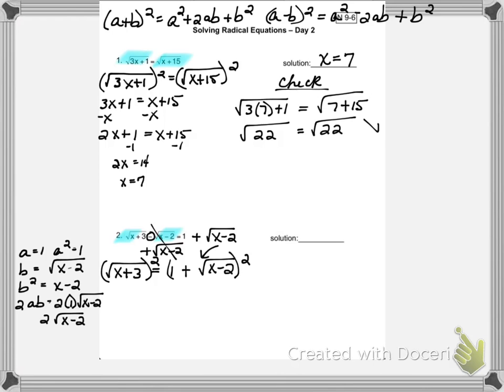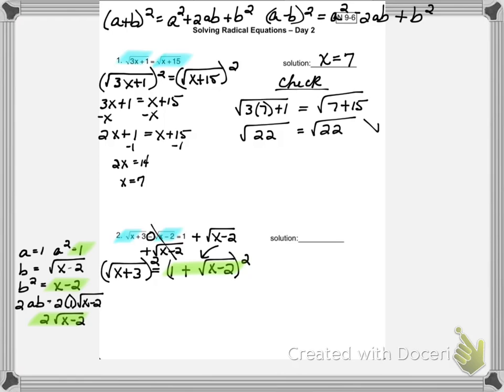So what part of this do we need to square this? Well, we need to have our a squared, our b squared. So we need this, and we need 2ab. And that's all going to replace the multiplication of this binomial, 1 plus the square root of x minus 2 squared.